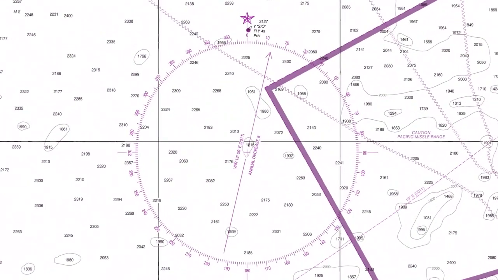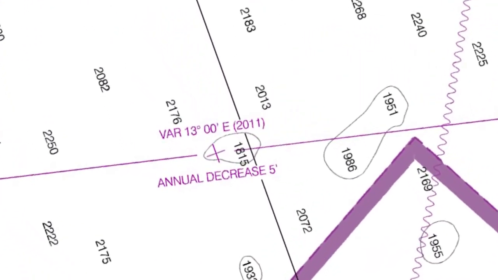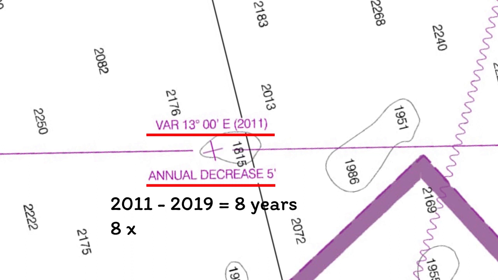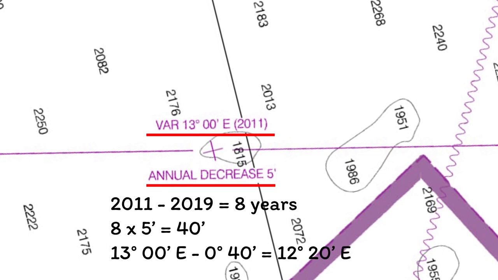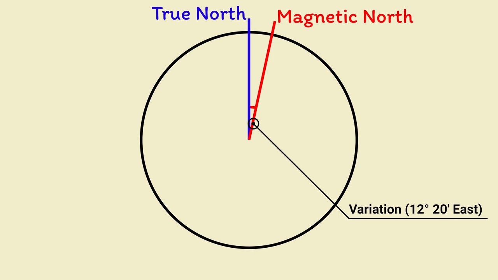You read it straight off the compass rose, and you can see in this case it was 13 degrees 0 minutes east in 2011, with a rate of change of -5 minutes each year. As it's now 2019, it's decreased by 40 minutes across those 8 years, giving a current variation of 12 degrees 20 minutes east. The way to think of this is that the magnetic North Pole is 12 degrees 20 minutes east of the true North Pole.